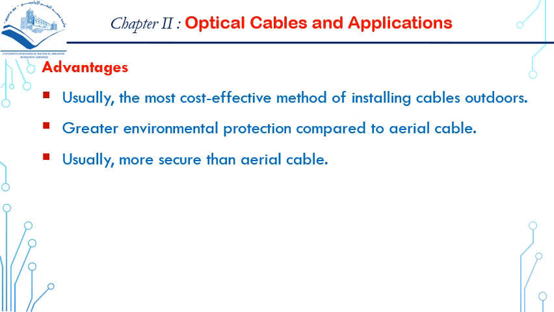Now the advantages. They are usually the most cost-effective method of installing cables outdoors. Secondly, greater environmental protection compared to aerial cable. And thirdly, usually more secure than aerial cable.